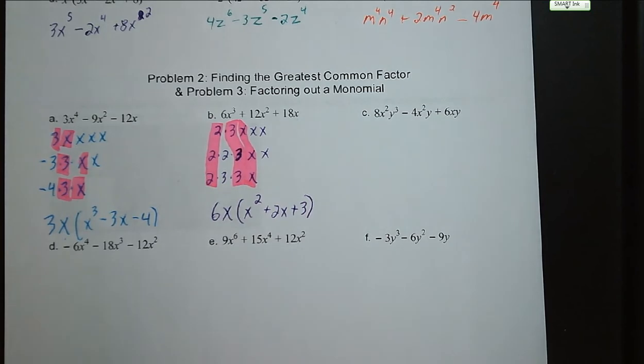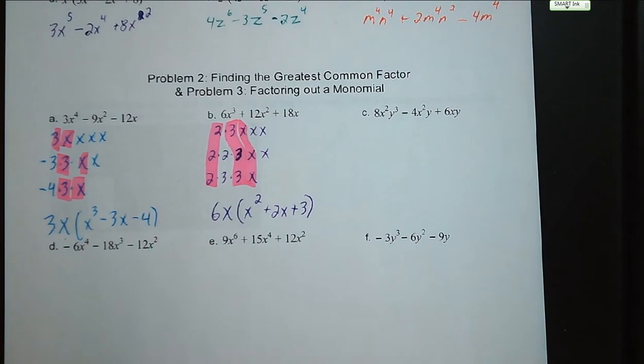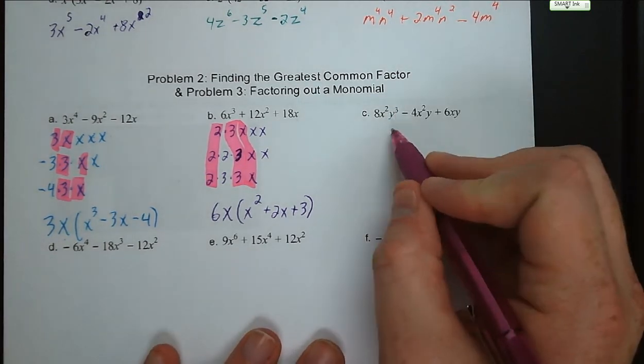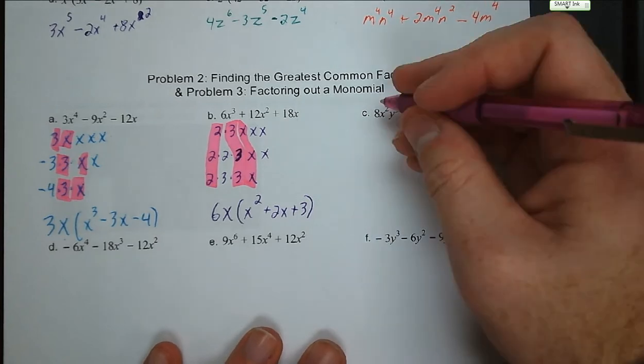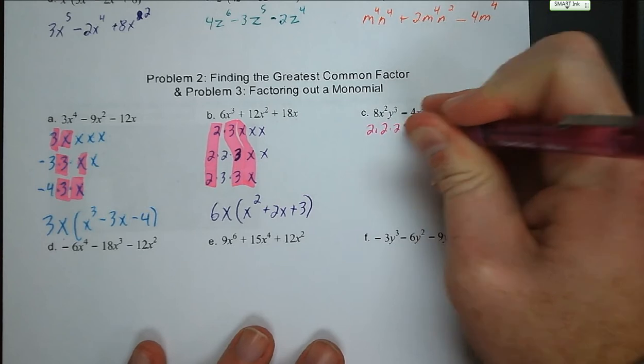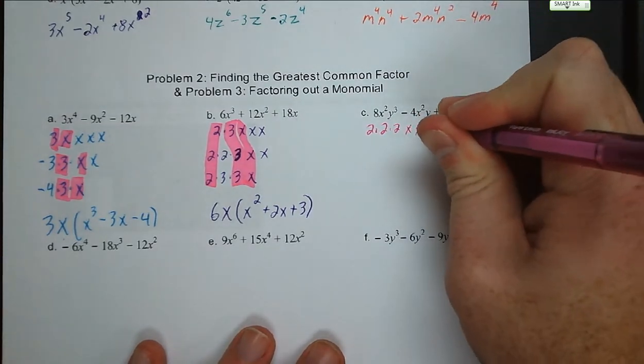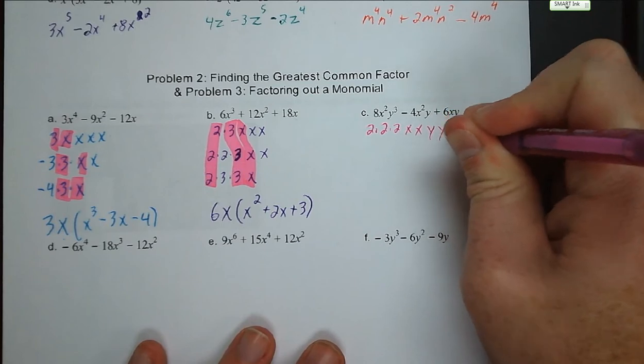Okay. Now, as you get better at this, you're not necessarily going to have to list out every single term like we have. All right. Letter C, 8x squared y to the third. Well, 8 is made up of 2 times 2 times 2, x, x, y, y, y.